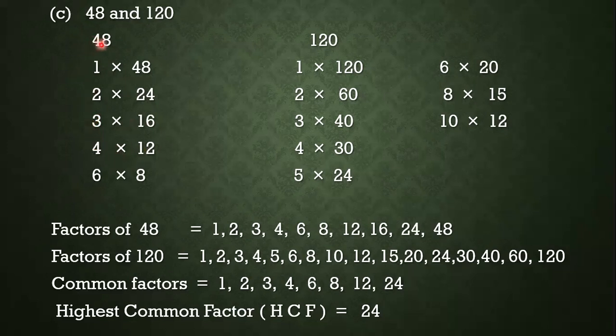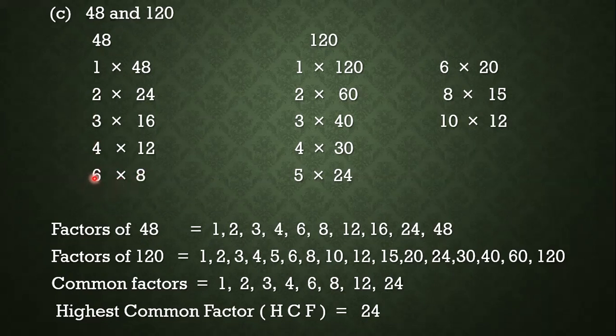Then here the unit digit is 8, which is neither 0 nor 5. So 5 will not be a factor. Now the next number is 6. 6 8s are 48. Now 7 is not a factor of 48. Now again 8 is a factor. 8 6s are 48.